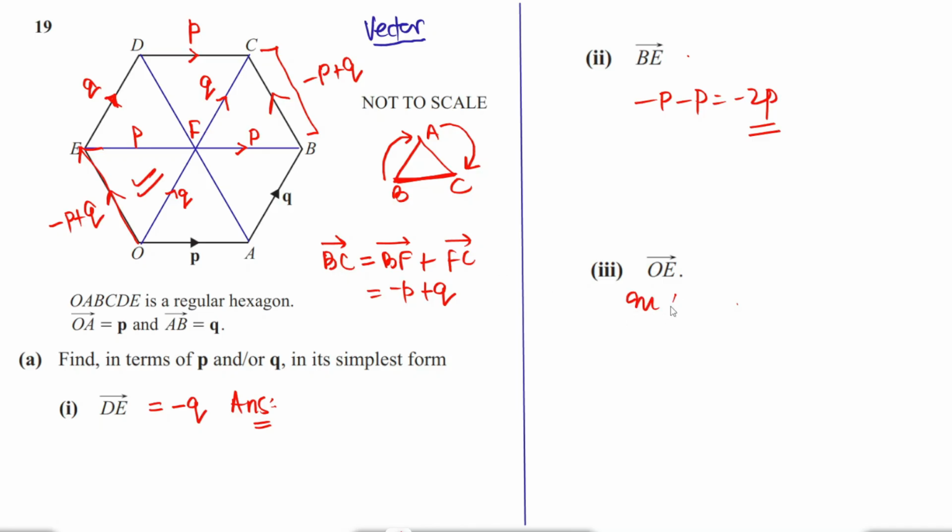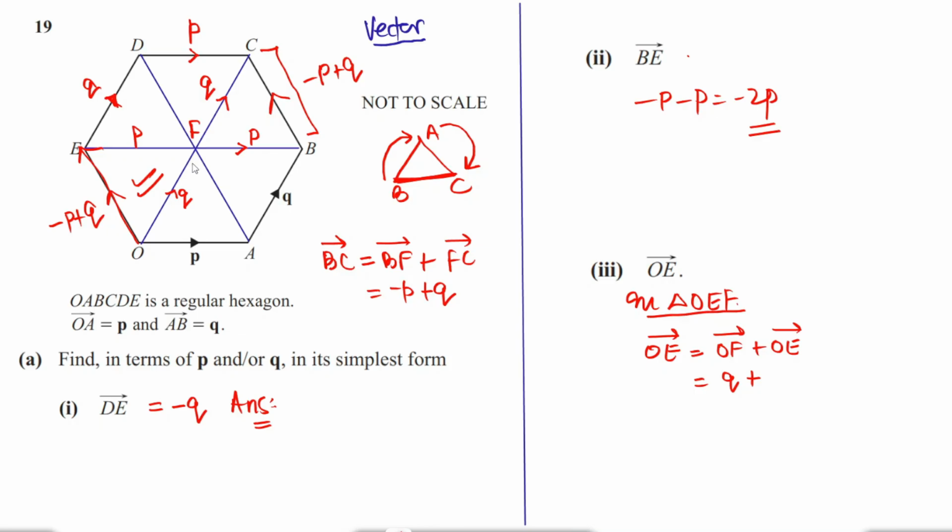So we can show that in triangle OEF, vector OE could be taken as, take the alternate path, O to F and F to E. OF plus FE. Okay, so OF is Q. We are moving in the same direction. We'll copy it as it is.